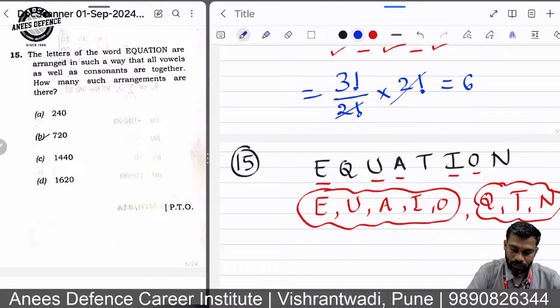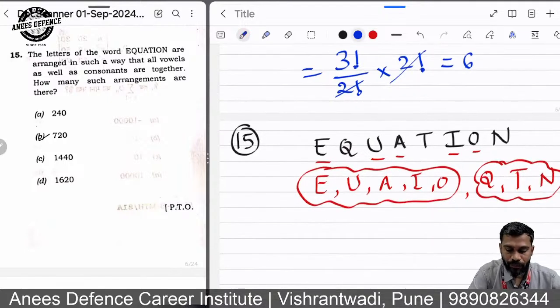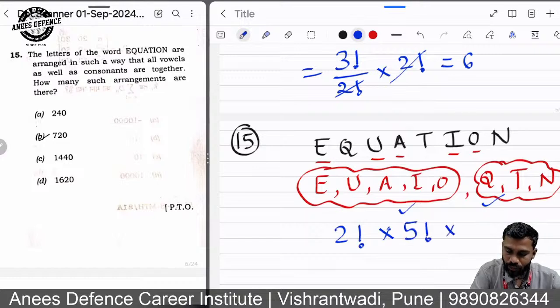Right? Yeah. So now what we can do, we have to consider each group as a single entity because they have to stay together always, right? So externally, we can arrange them in 2 factorial ways. And internally, all the vowels can be arranged in 5 factorial ways, and similarly the consonants can be arranged in 3 factorial ways.